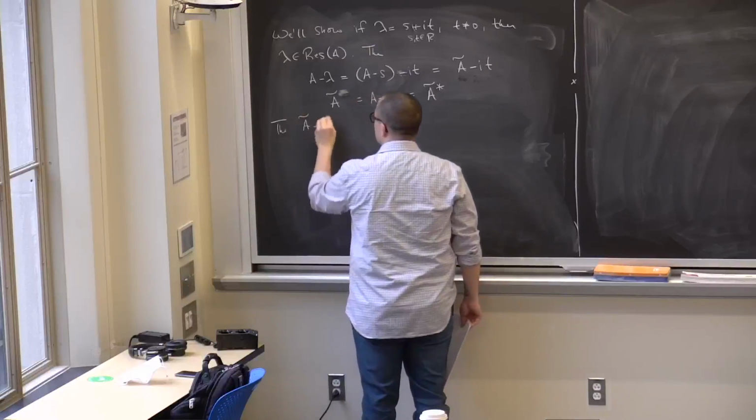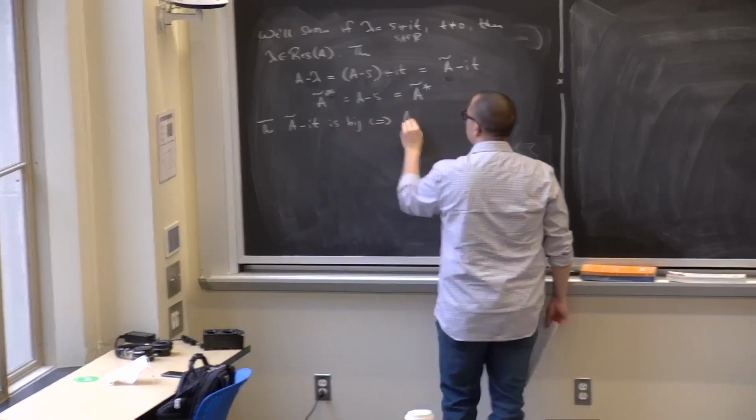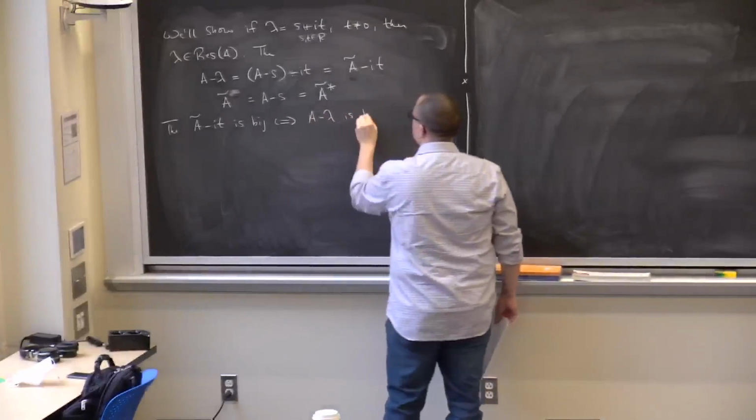A minus it is bijective if and only if A minus lambda is bijective.